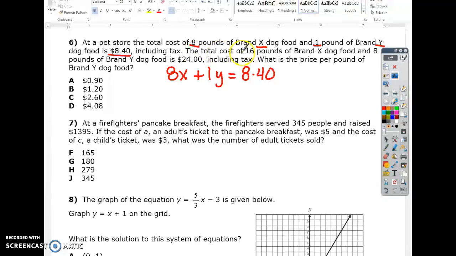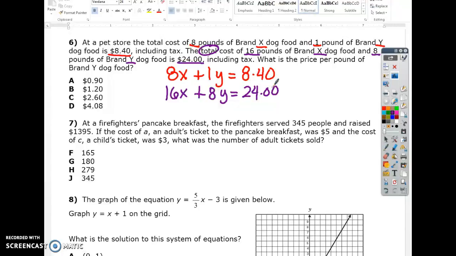The total cost, we're going to add, of 16 pounds of X food and 8 pounds of Y brand food is $24. So what's the equation? 16x plus 8y equals $24.